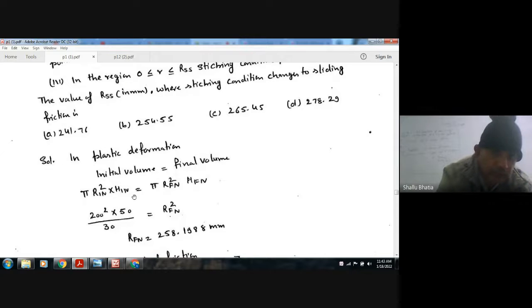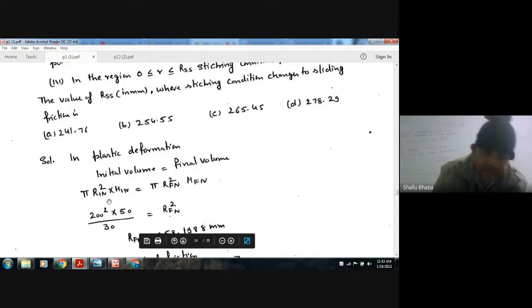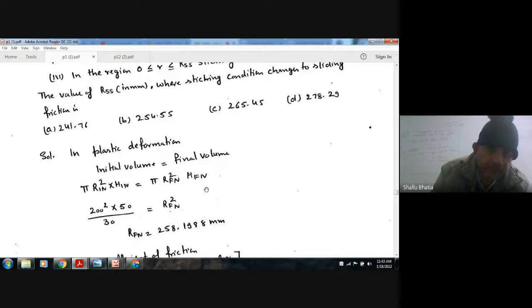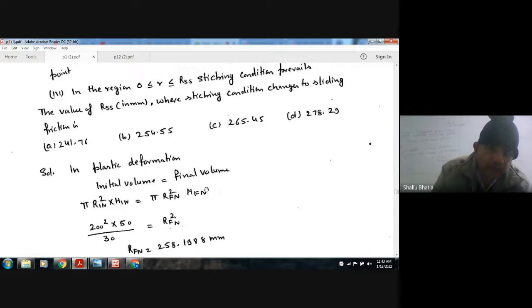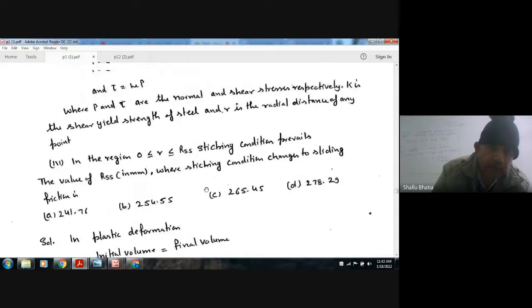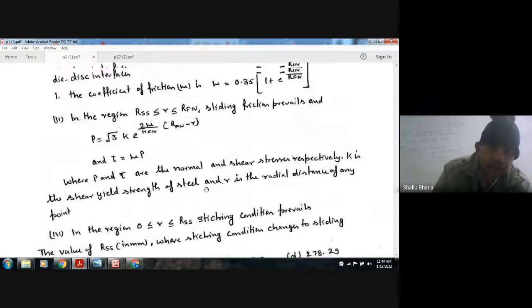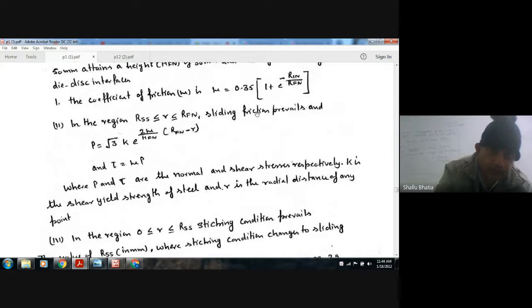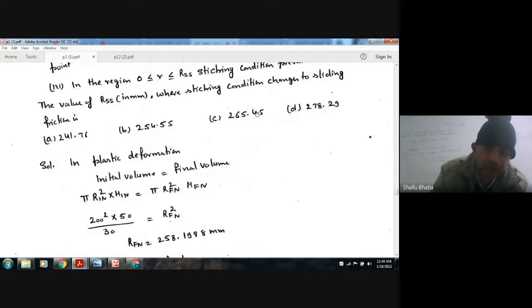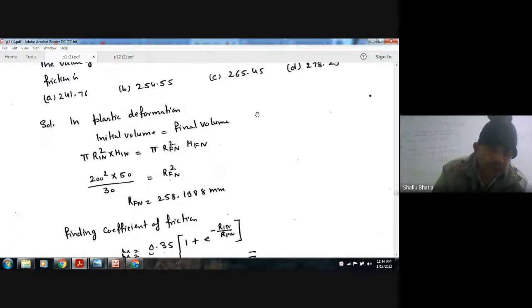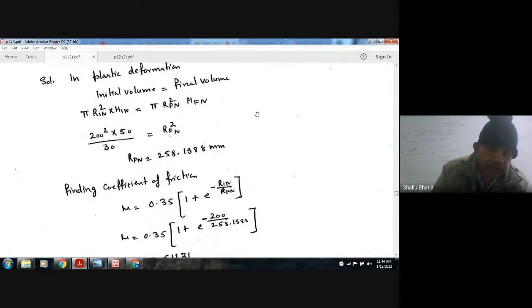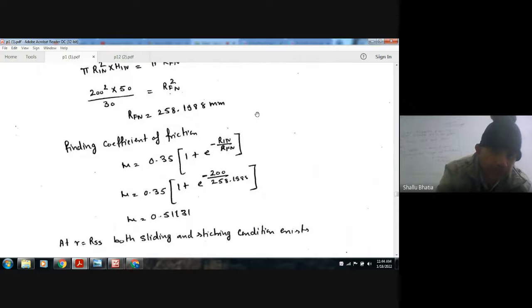As initial radius is given, initial height is given, and final height is given, we can find out the final radius. The purpose of finding r_fn is that we have to use it to find out mu, because we have r_n and r_fn.